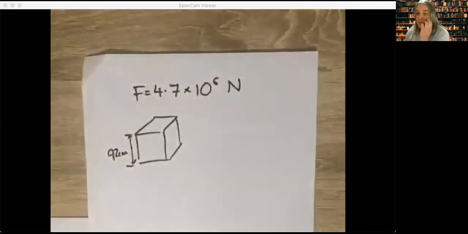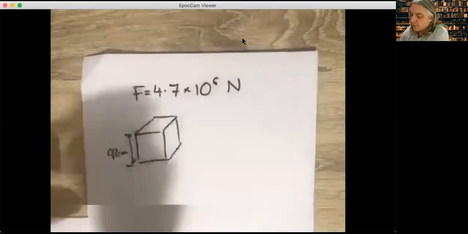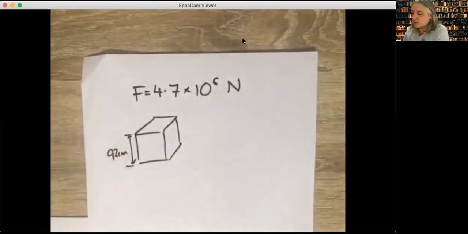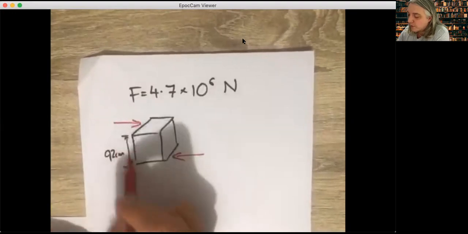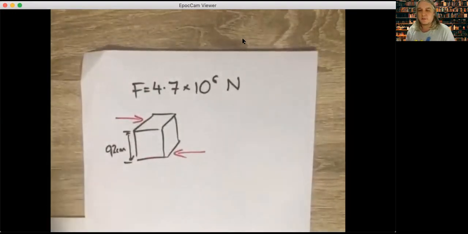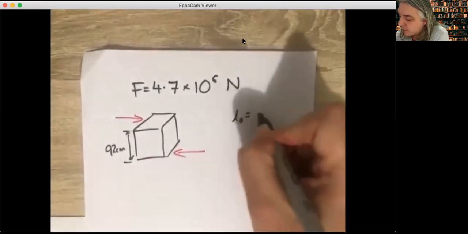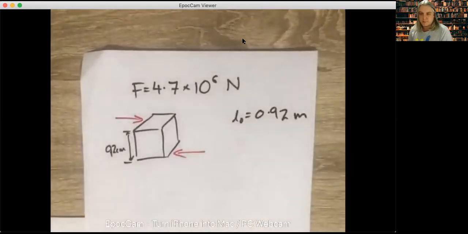And of course, we want to know the height if we're applying a force in this direction. So if we're applying a force here and here, we want to know this height. But of course, because it's a cube, L naught is going to be the same regardless of whether you get it right or not. L naught is going to be 92 centimeters or 0.92 meters.